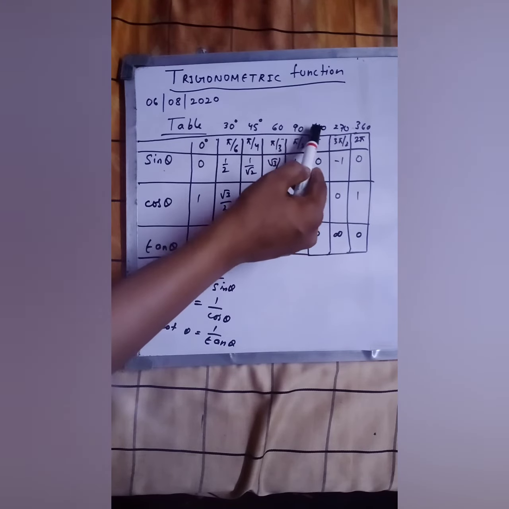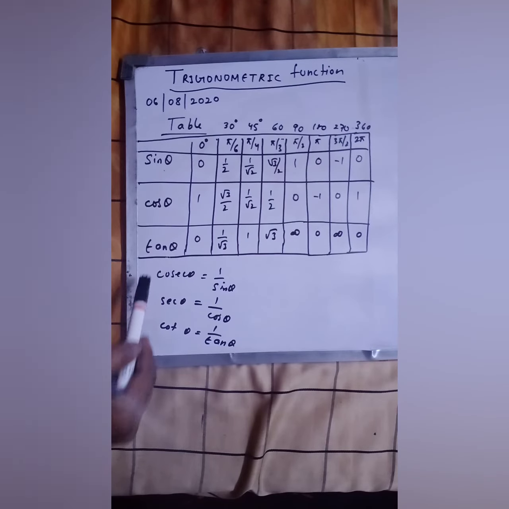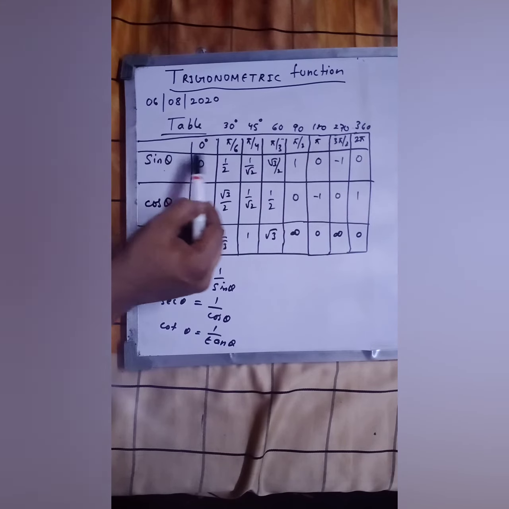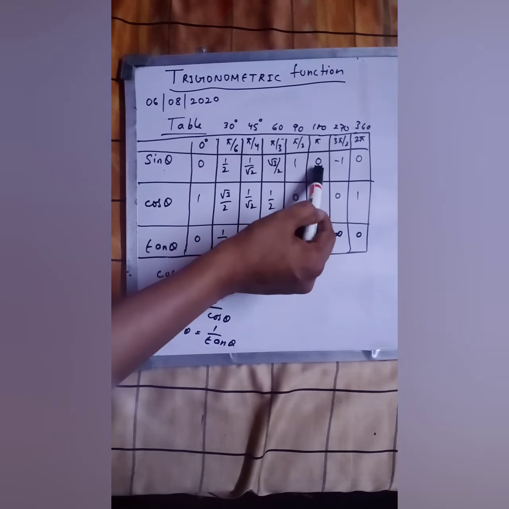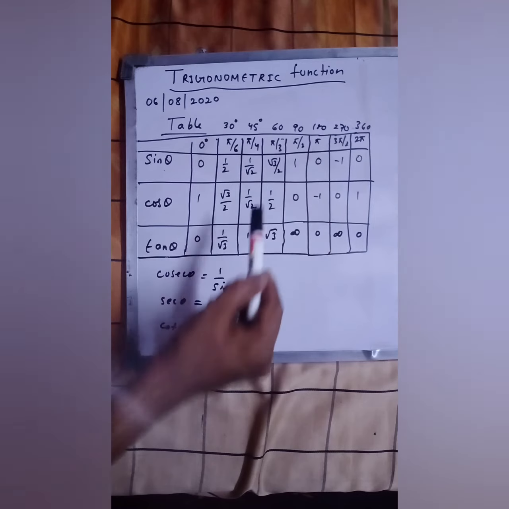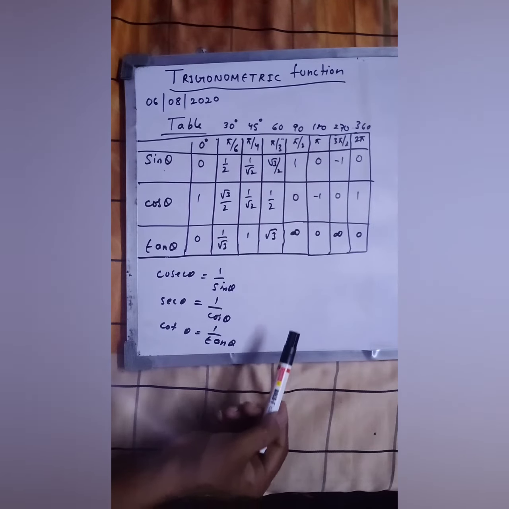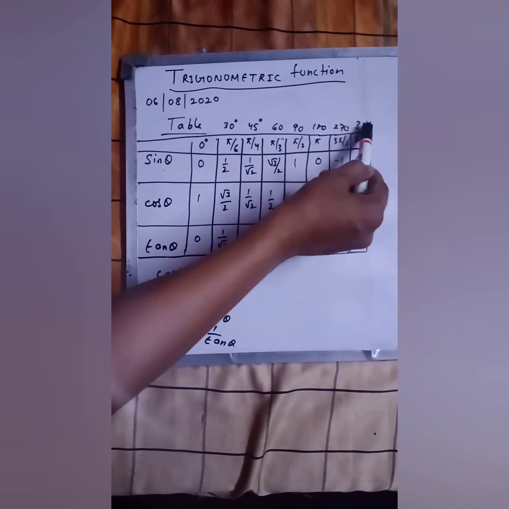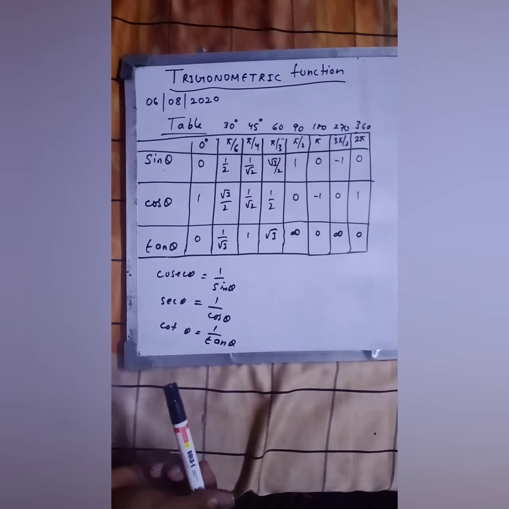At those angles you have to calculate the value of all the trigonometric functions. For example, here at 180 degree, the value of sin 180 degree is 0. So you have to learn this also. Fine. And similarly at 270 it would be -1, and then at 360 it would be 0.